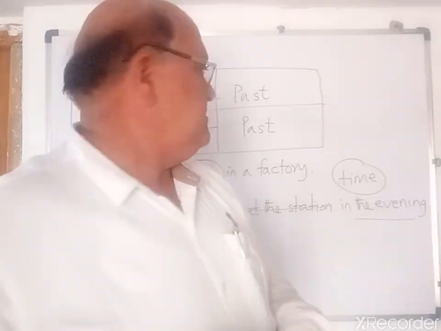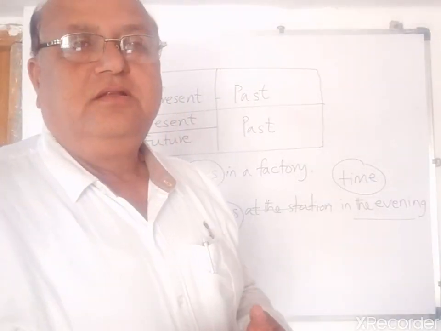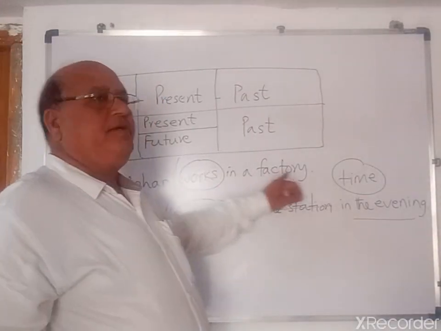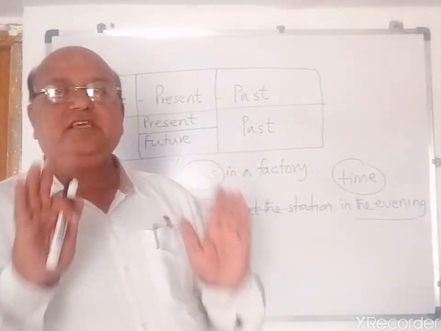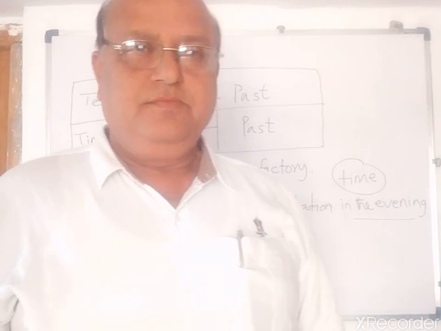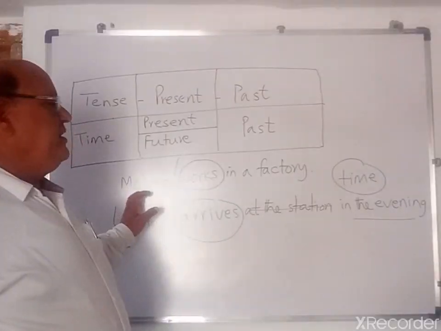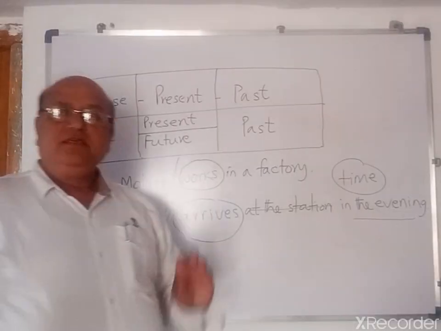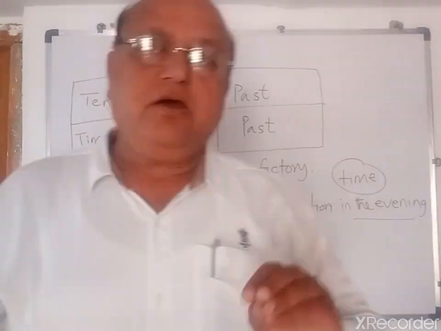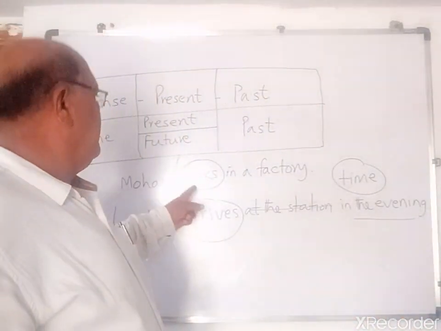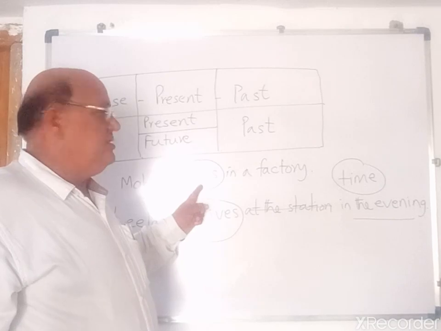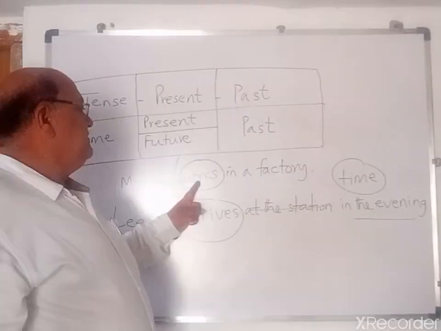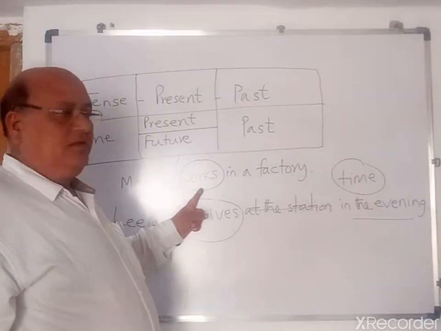Simply, if we are asked about change of tense, Mohan works in a factory, the instruction will be change the tense. Then what we have to do? We will look at the verb. How many verbs are there? Is the verb a single word or a number of words? Here the verb is a single word. In this verb we have to go to the verb set. In the verb set, this is the word works.